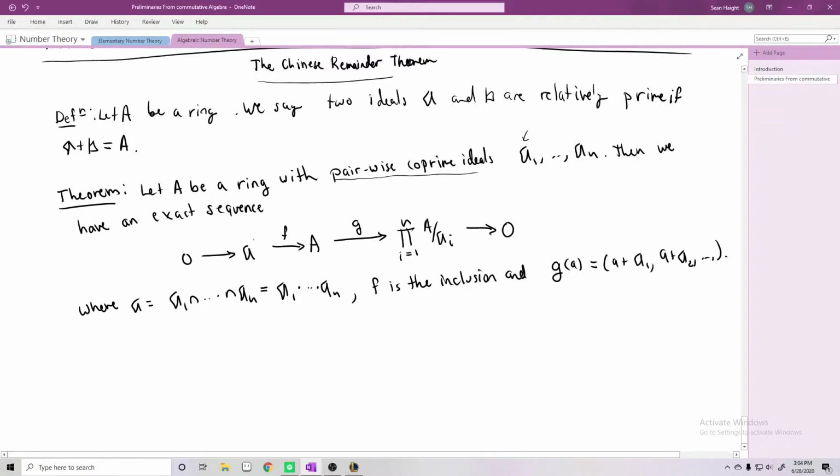And the result says essentially that if I quotient out by the product or by the intersection, they're the same in this case, then A mod the product of these ideals splits up as a direct sum, or a direct product, it's finite so it doesn't really matter, of the quotient rings. So quotienting by the product of the ideals is the same thing as taking the product of the quotients in this case. That's what this sequence being exact means.